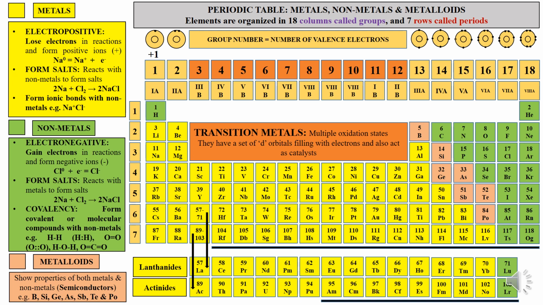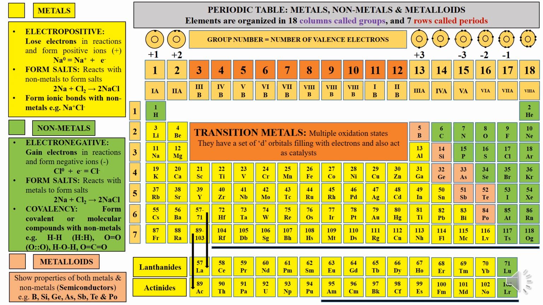Group 1 elements lose this only electron in reactions and form positive ions giving a +1 charge, and therefore it has an oxidation number of +1. Group 2 elements lose 2 valence electrons in reactions and form positive ions with +2 charge, giving them an oxidation number of +2.